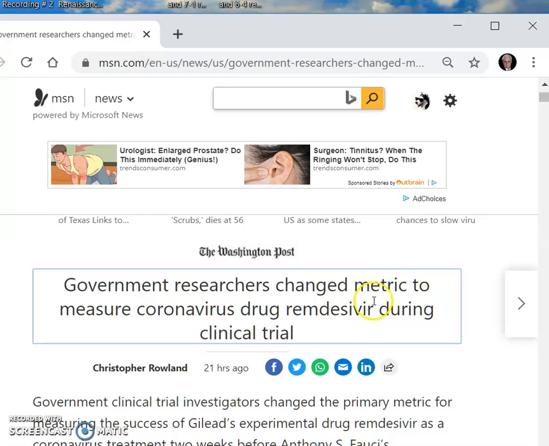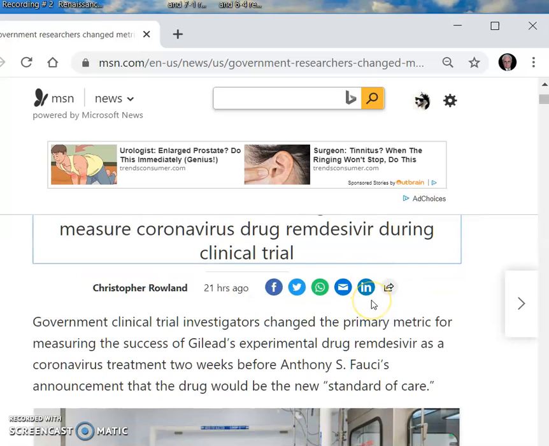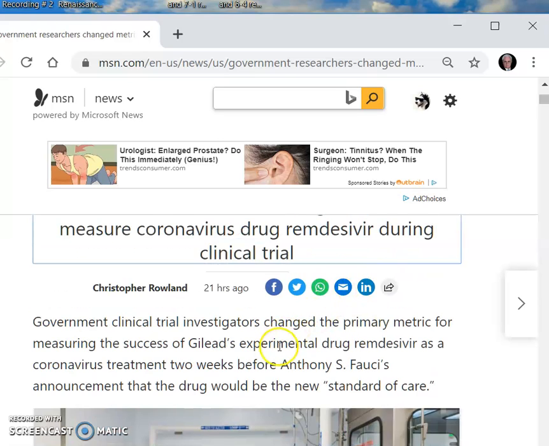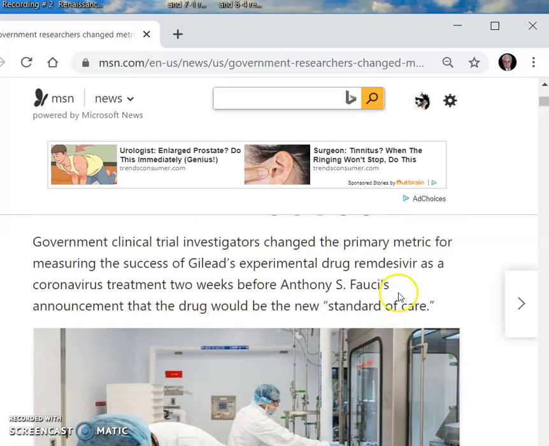In a statistics class, I think what we would say is the random variable. So we changed the random variable that we were going to be measuring. And here's where they talk about that. They talk about how the investigators changed the primary metric. In other words, they changed the random variable that they were concerned about. Okay? All right, so we'll let you read that.